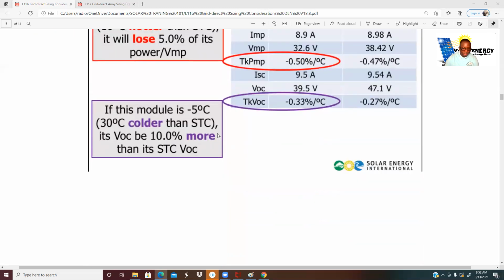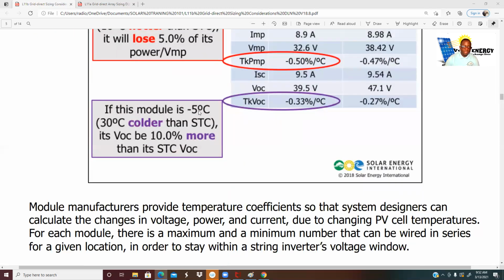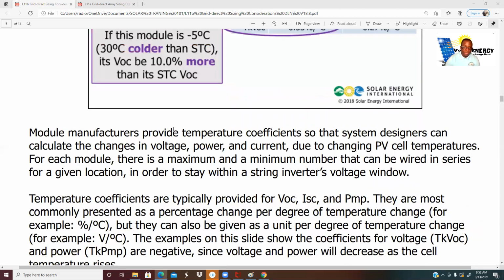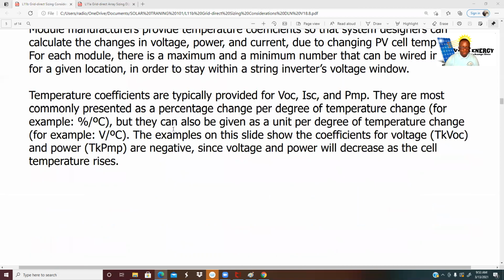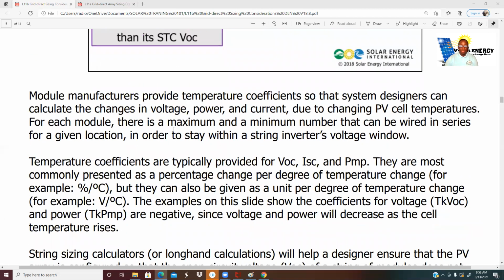If this model is at negative 5 degrees, 30 degrees Celsius colder than STC, its voltage can be 10% more than its STC. So it's important to check or read these information in the installation manuals when installing your PV system.